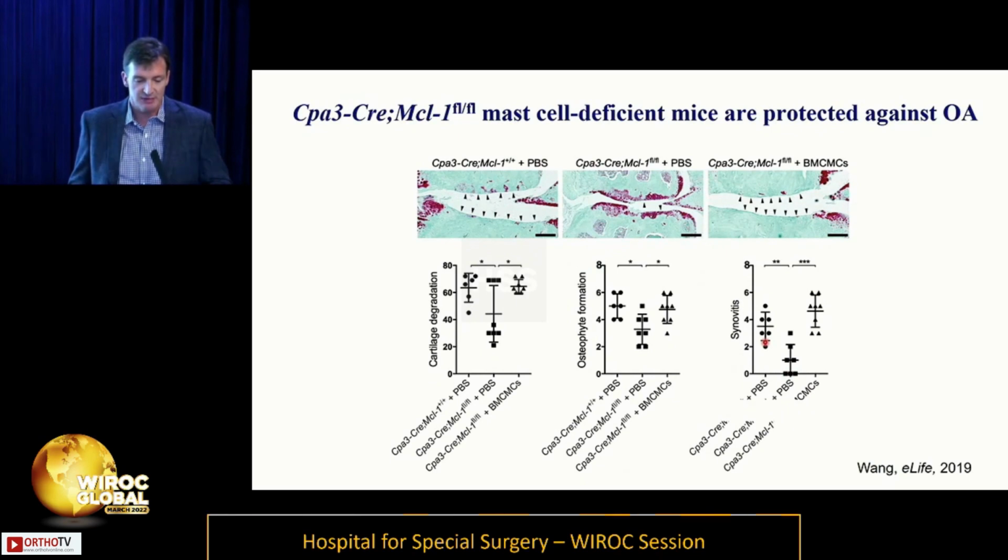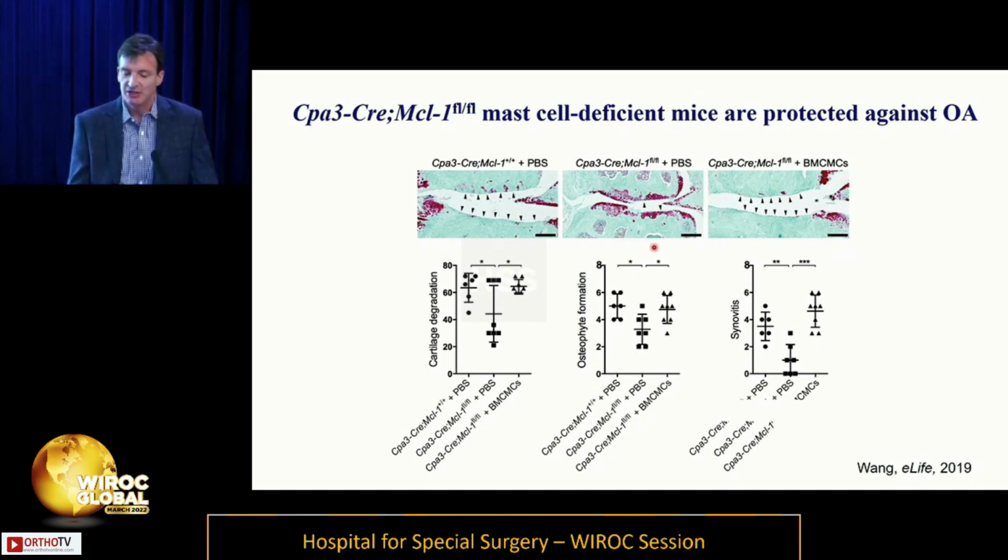So given that basophils are also deficient in this mouse model, we used a second mast cell deficient mouse, the CPA-Cre Mcl-1 flox mast cell deficient mouse strain, which is another mast cell deficient mouse. Each model has its own kind of weaknesses and strengths.